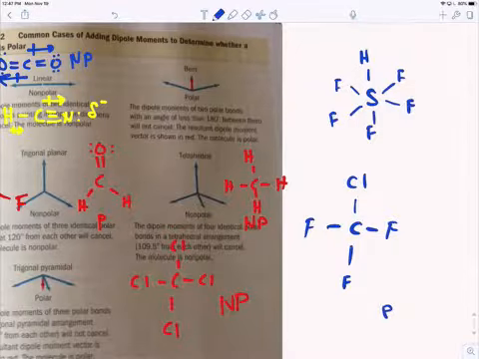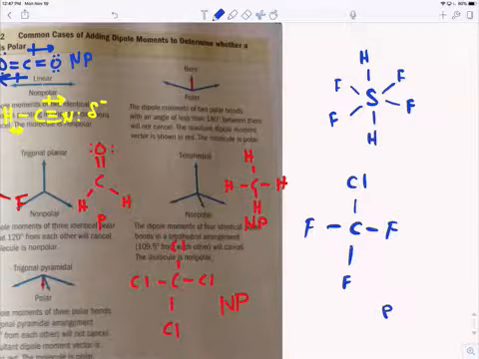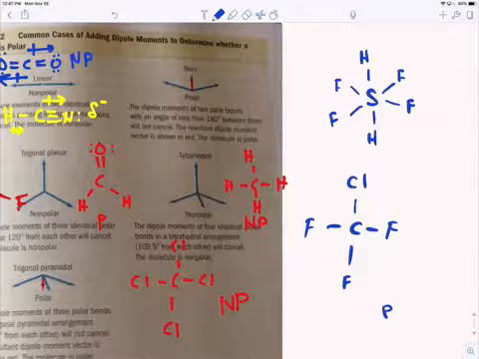If you had a group here that's different, this molecule would be polar. If you have the same group above and below in the same line, it's nonpolar. Because the sulfur and the fluorines are all coplanar, and then above and below they're the same, that way it would cancel.